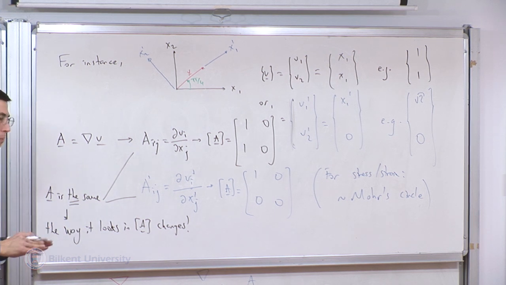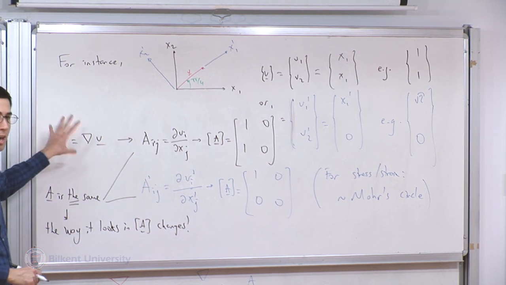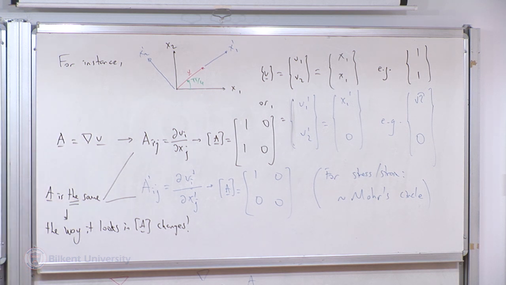From now on I will never refer to A as a tensor. I'll always say a matrix. I expect you to remember that we are being a little bit careful and a little bit sloppy with the terminology.